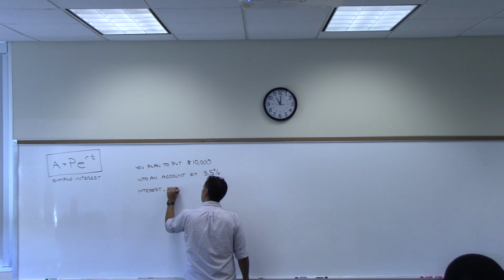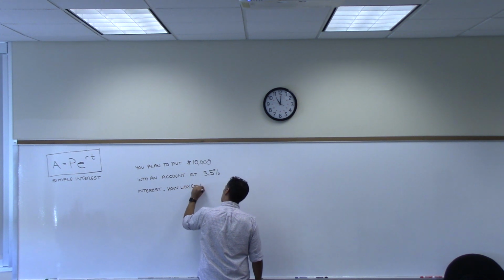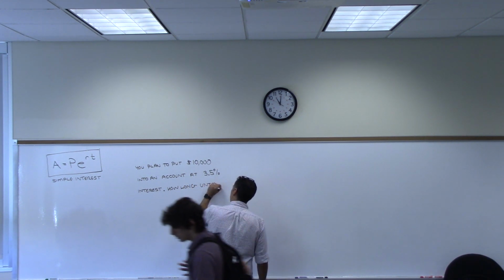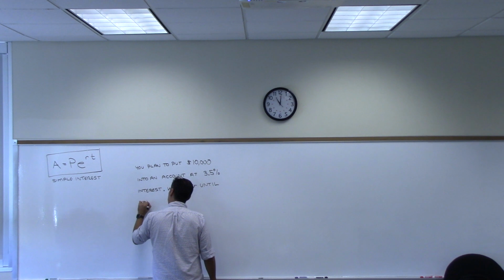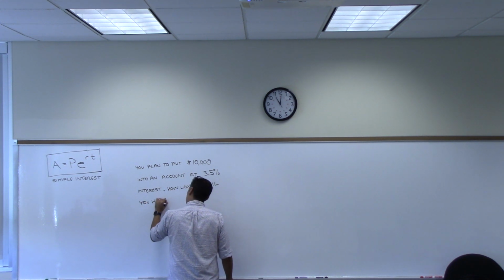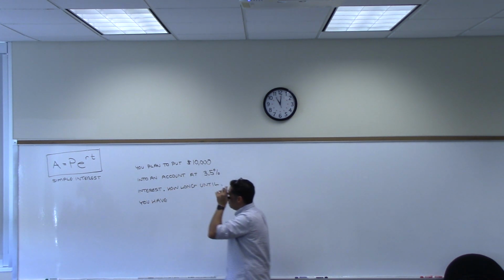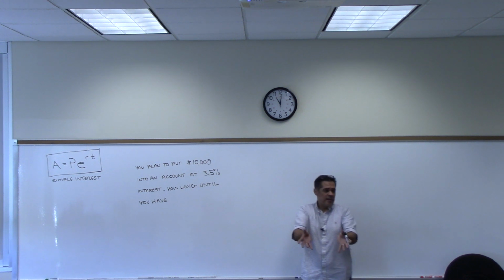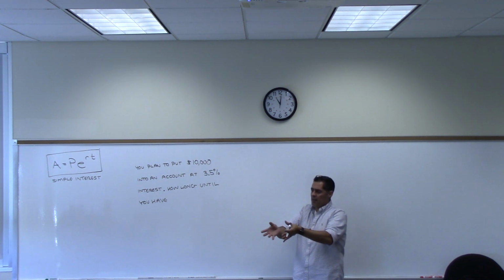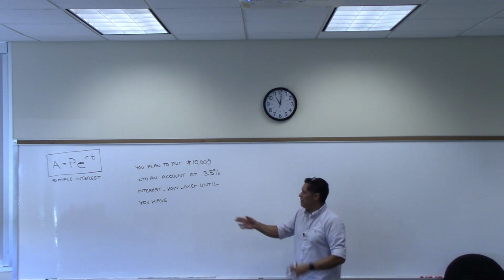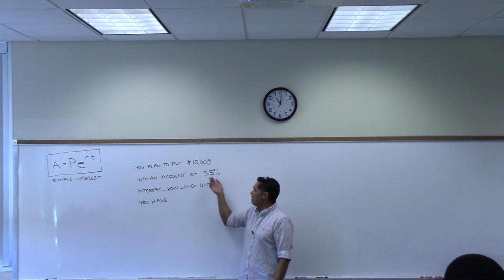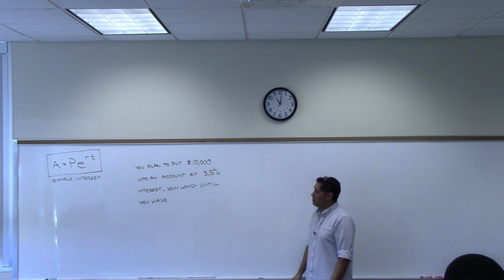How long until you have, all right, I'll let you decide. So you're going to put $10,000 into an account. You're going to let it sit there and let your money grow because the bank's going to pay you to have your money. 3.5% interest is what they're going to pay you.